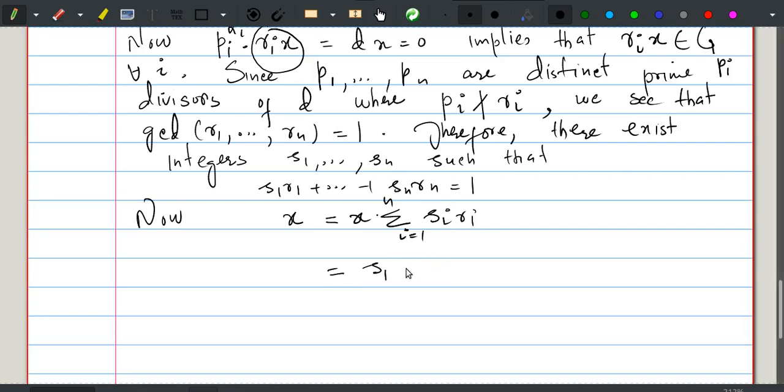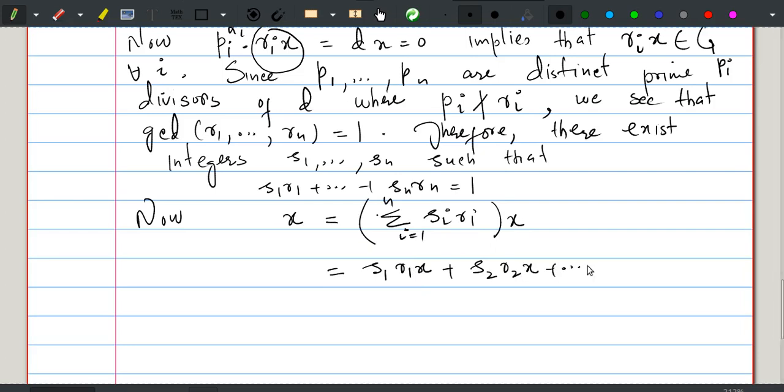This is the same as s1 r1 x. G being abelian, we can multiply x from either side, so let us take this x here and multiply from this side. This is s2 r2 x plus so on plus sn rn x.